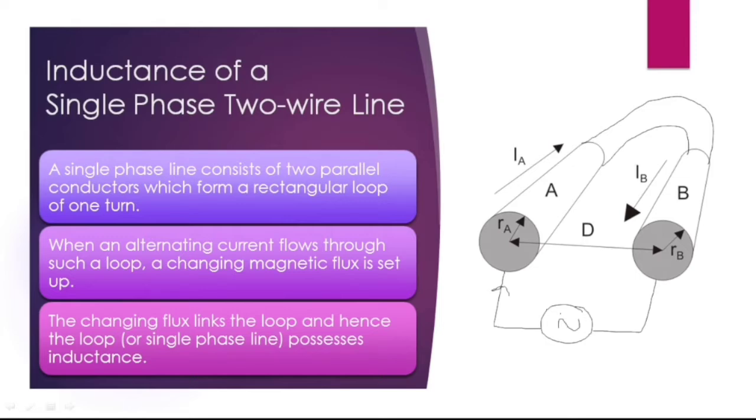That means an alternating supply is given to this one, and an alternating current flows through such a loop.